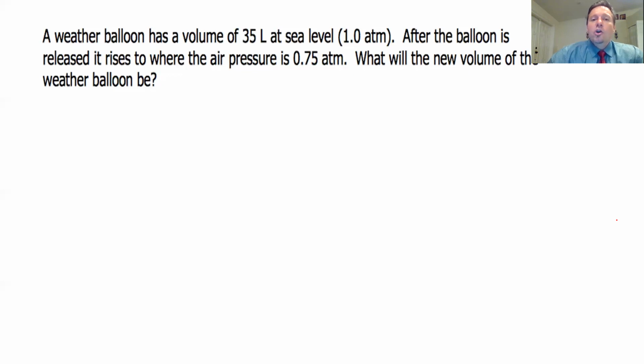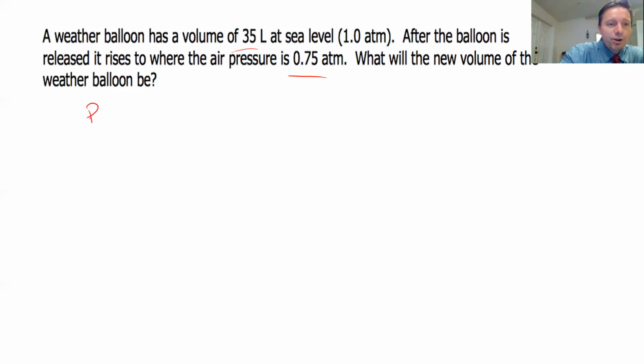Well, what we see here is a balloon, and you have your pressure and your volume. What you do not have is the temperature. So we're assuming that the temperature is insignificant as far as that goes.